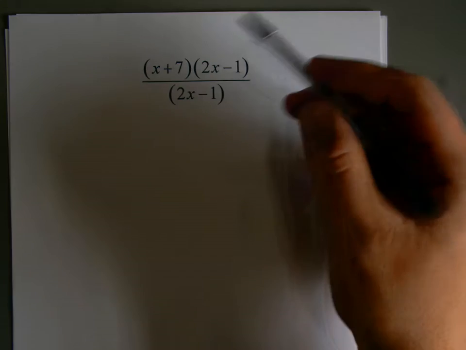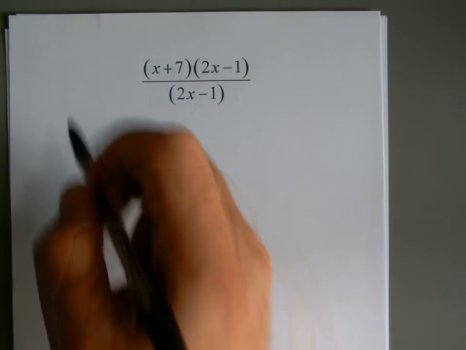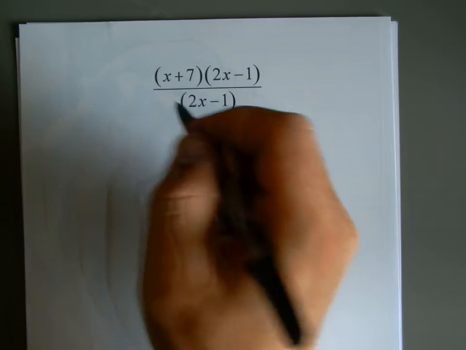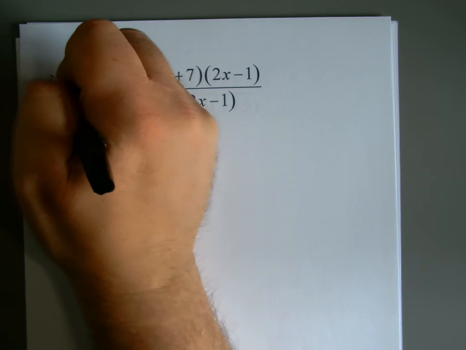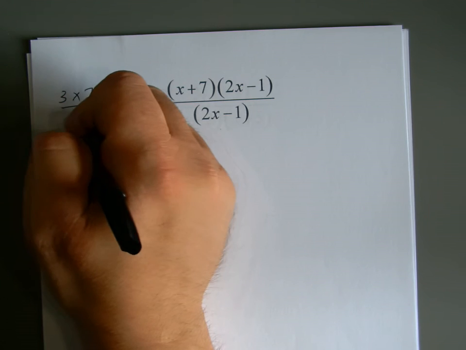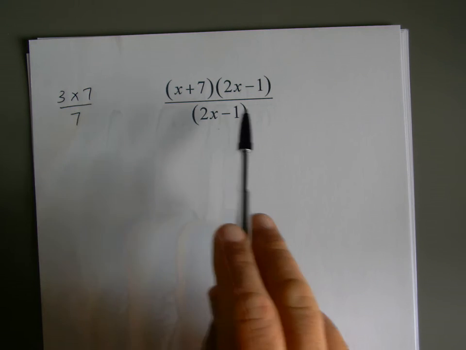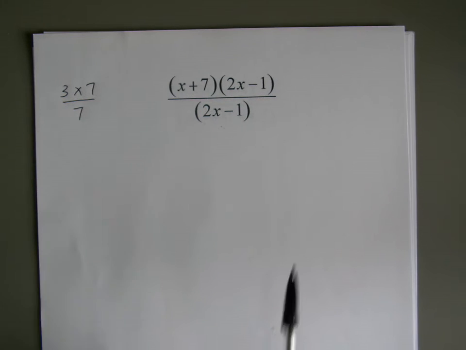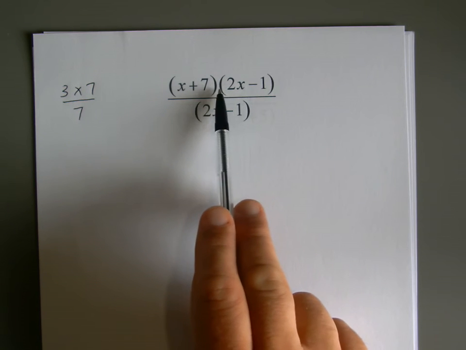Now, to explain why the process here is so simple, just think of numbers, for instance. Suppose I've got 3 times 7. I'm just making this up here. 3 times 7, and you want to divide that by 7. I'm comparing this to this, because we've got two terms here in brackets, and they're times together, aren't they?